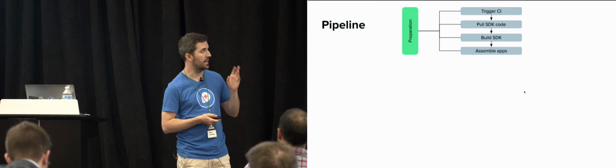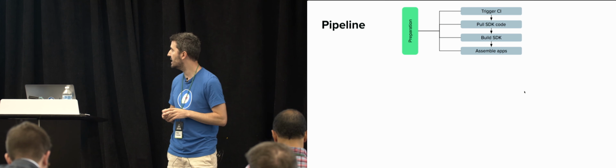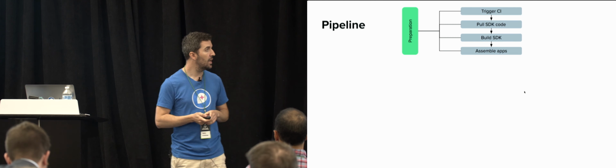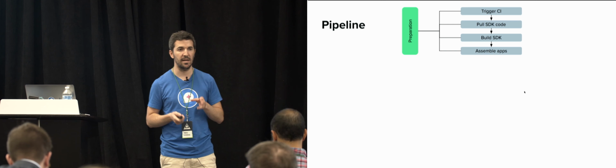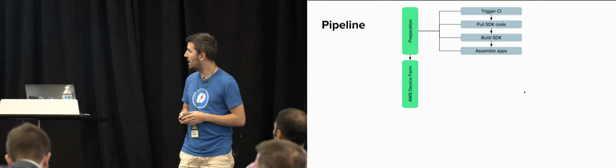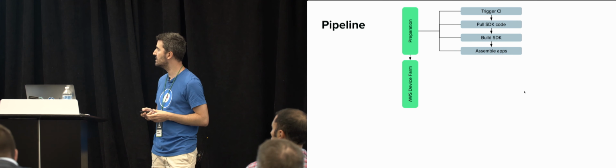In our case, we have 2 flavors of the SDK, so we needed to create different versions for both of them, and then we need to assemble the apps, both the regular app and the test app. Then we use, as I mentioned, AWS Device Farm.